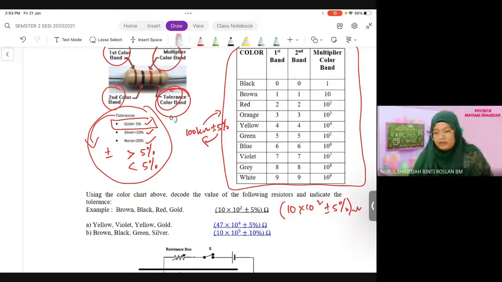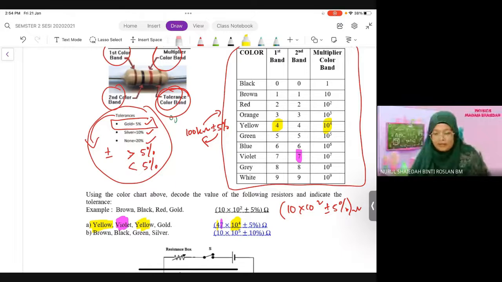Okay, kita buat contoh lagi. Yellow, so you start dengan 4. The next one adalah violet. Jangan ambil yang dekat number first sebab dia adalah second band. So violet you kena tengok dekat second band lah, 7. Lepas tu kita tengok dekat multiplier dia warna yellow balik, so power of 4.